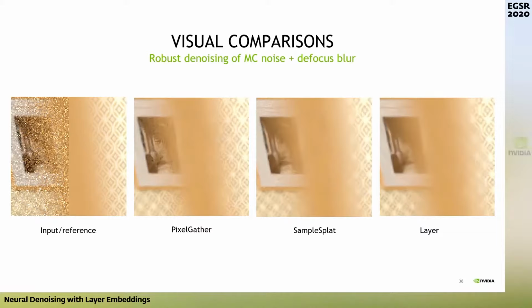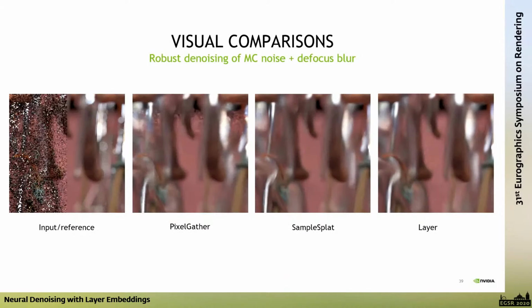For the defocus blur case, the added freedom from the per sample and layered networks to separate samples produces a more visually pleasing reconstruction. Here's another defocus blur case with challenging visibility. And again, the per pixel network struggles to reconstruct the background in this case, with some artifacts, while the reconstructed results from the per sample and layered networks are more smooth.